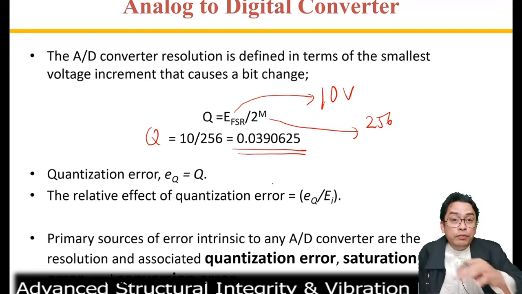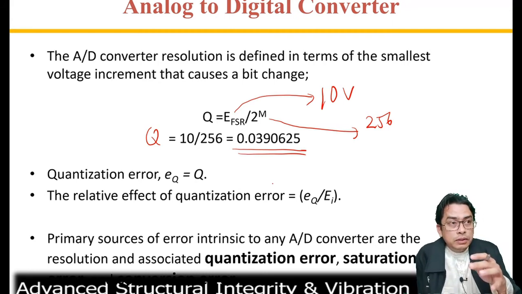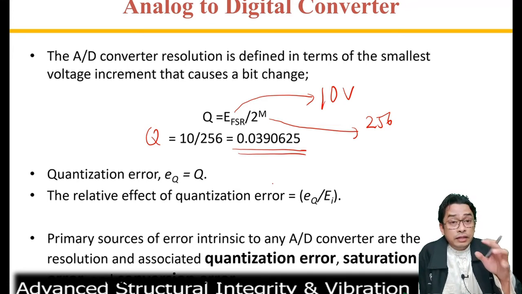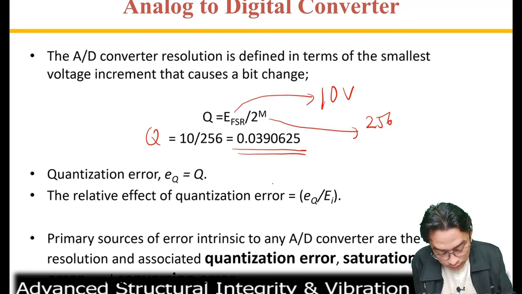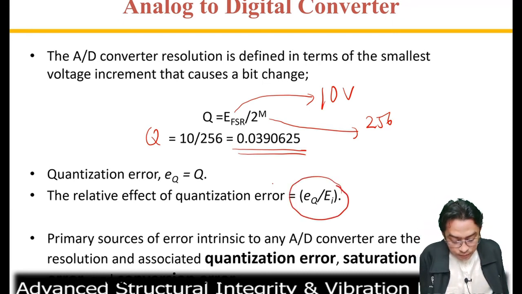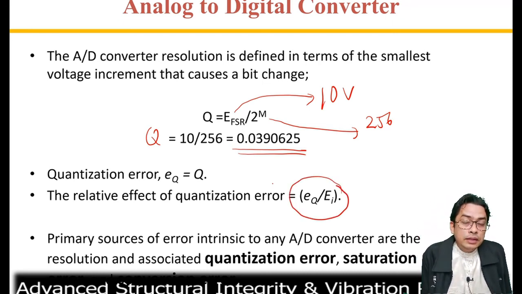But usually if we represent the error, we must represent it in terms of relative value. So it will use the E input as the relative comparison.